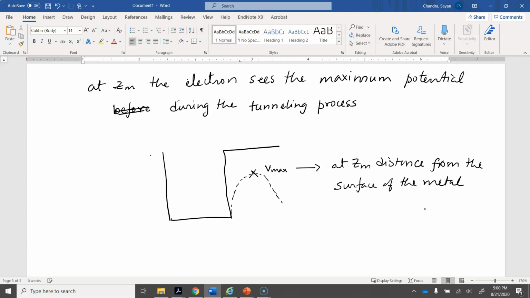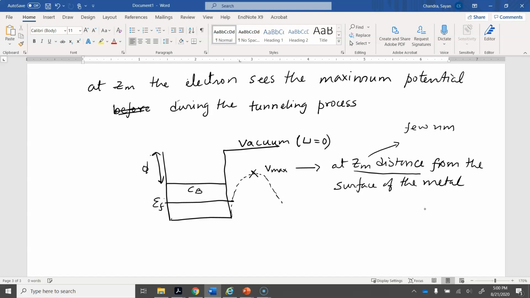So you have your Fermi energy, that's your conduction band, that's your work function, and this is vacuum, which is associated with 0. Now this distance is typically on the order of a few nanometers.